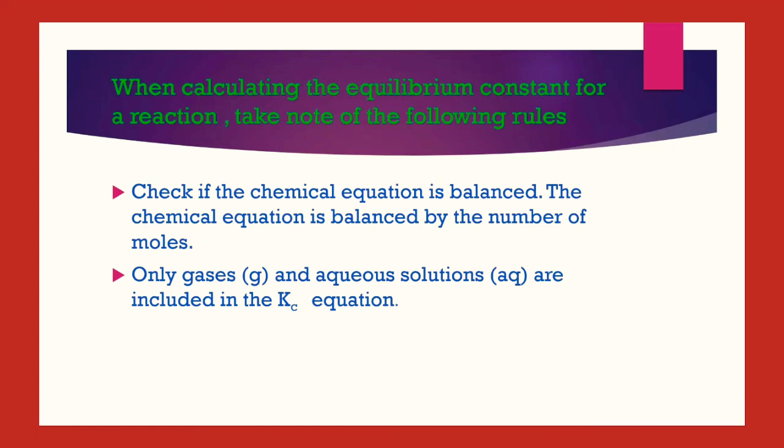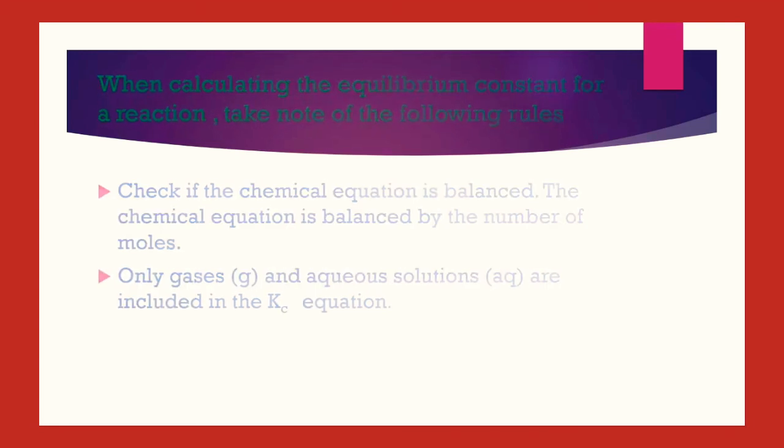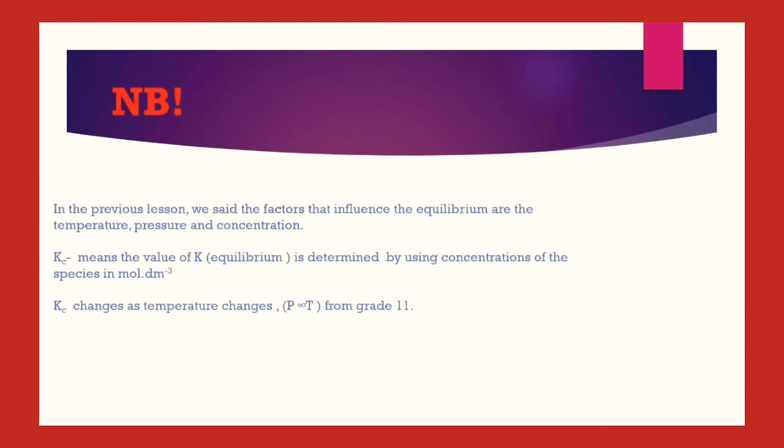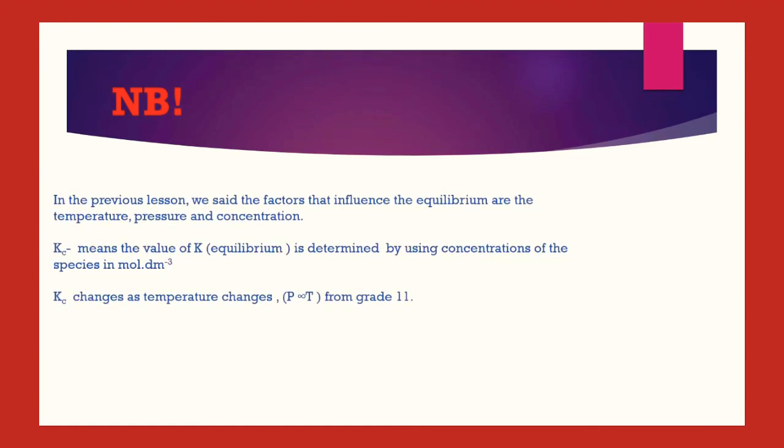Only gases, in brackets small letter g, and aqueous solutions, in brackets small letter aq, are included in the Kc equation. In the previous lesson, we said the factors that influence the equilibrium are the temperature, pressure, and concentration.